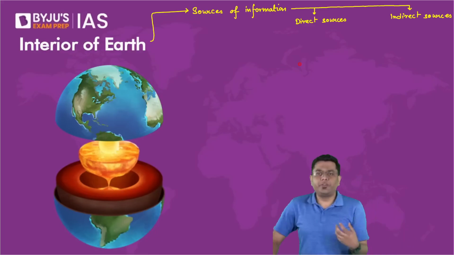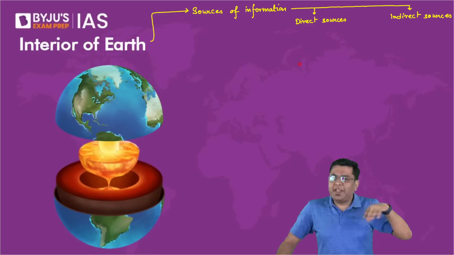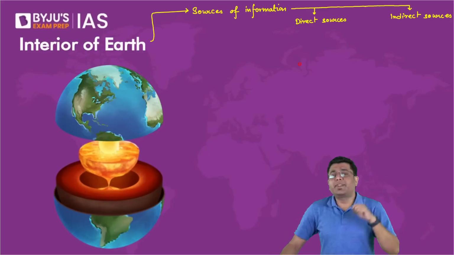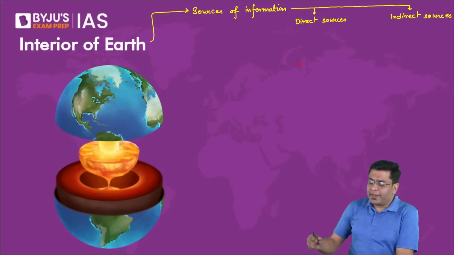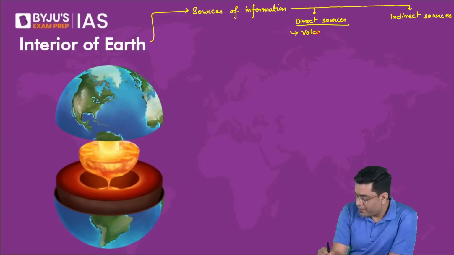And when I say direct sources, it means that first hand information is given. By that we get the first hand idea about what is contained, right? So here the direct sources are two. One is studying volcanic eruptions, and secondly, digging and mining.